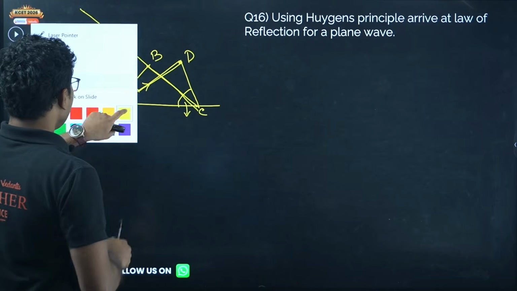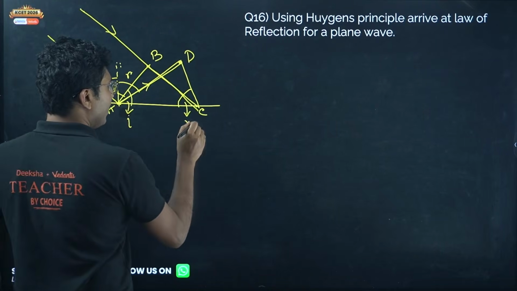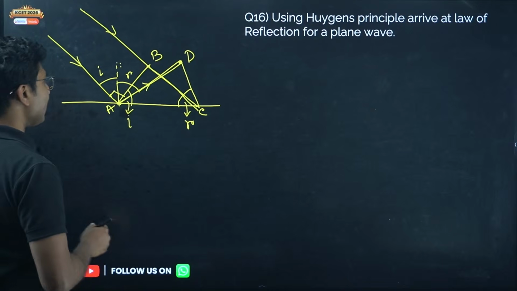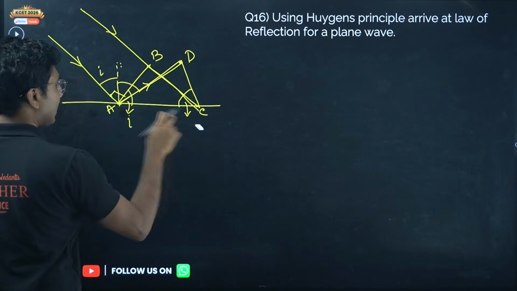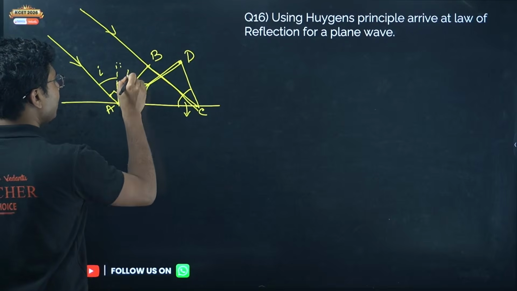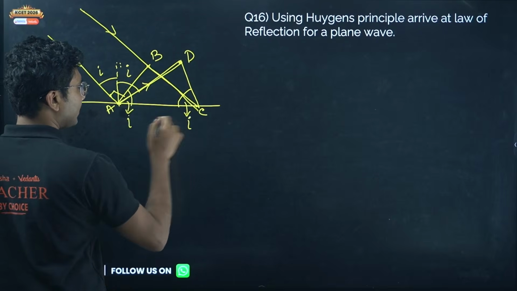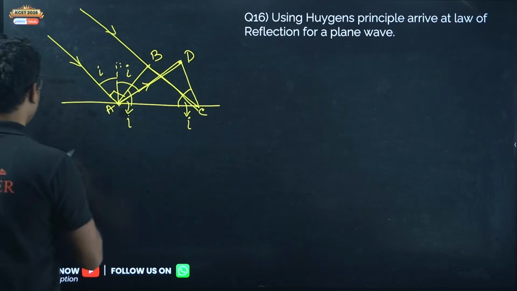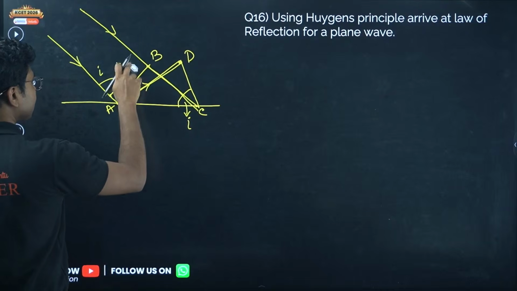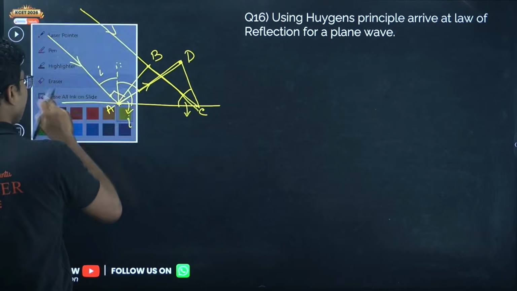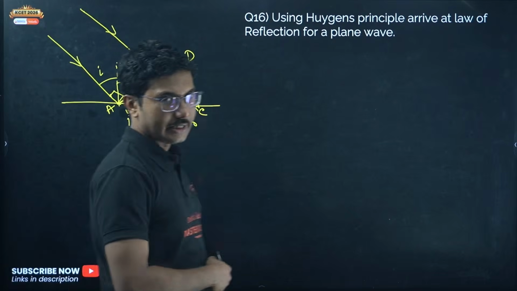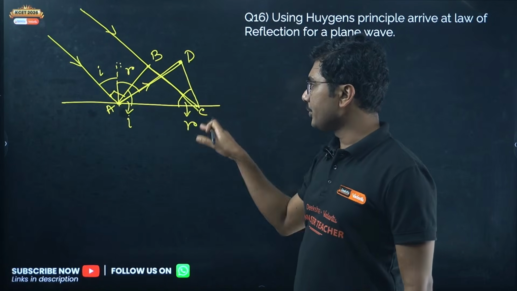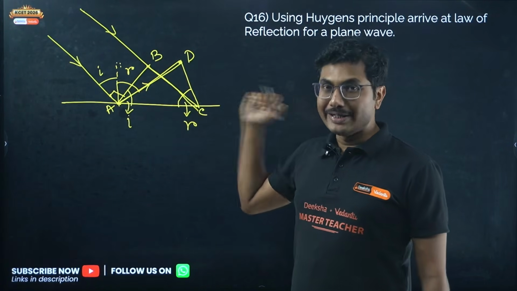So this will be I, this will be R. Now we know that in case of reflection, I equals R. But obviously we need to prove that. We need to prove this I equals R, that is the law of reflection. So don't put I over here. Just for your information, even though they are equal, you need to show that.